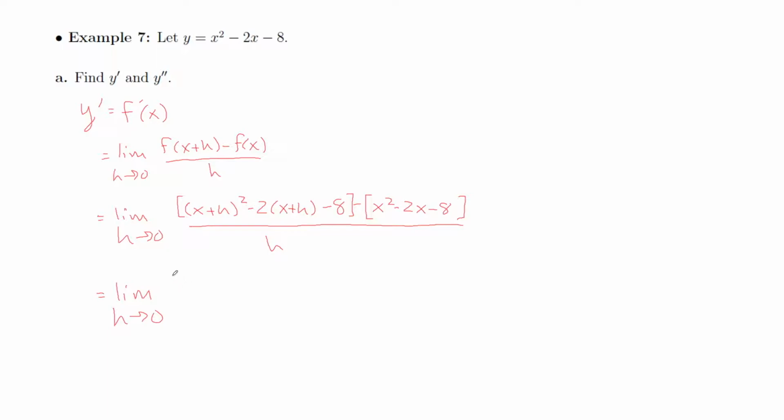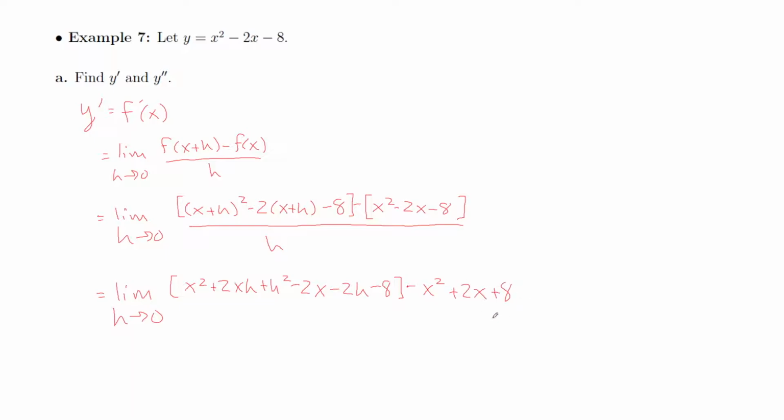So in the brackets here, I've got my x squared plus 2xh plus h squared minus 2x minus 2h minus 8. And then over here I want to distribute that negative through. So this is minus x squared plus 2x plus 8.